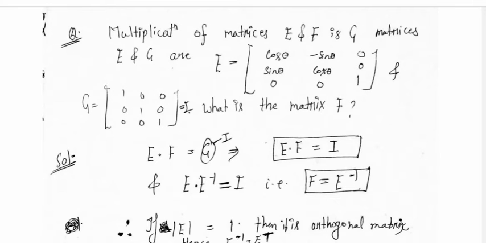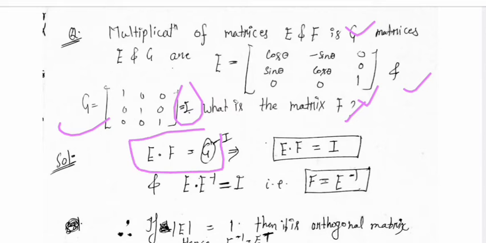So here the first question is given as: the multiplication of the matrices E and F is G. The matrices E and G are given like this, and here G is your identity matrix. What is the matrix F? So we know that the multiplication of E and F equals G, that is your identity.